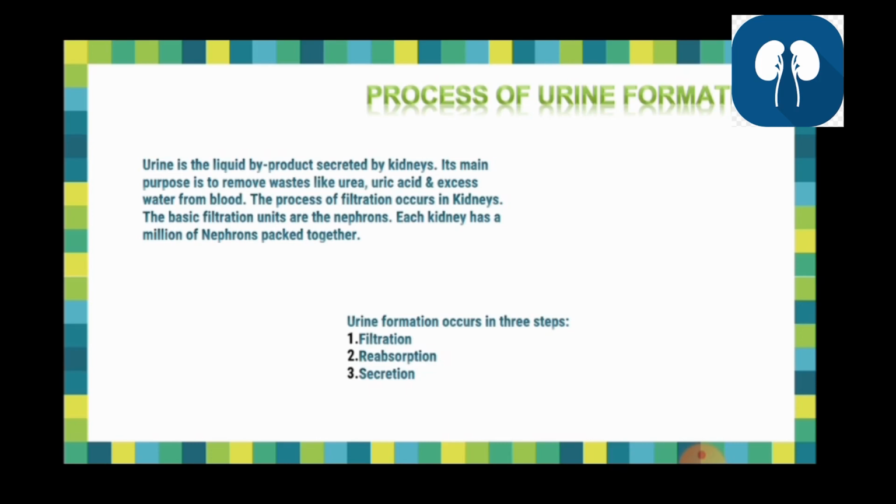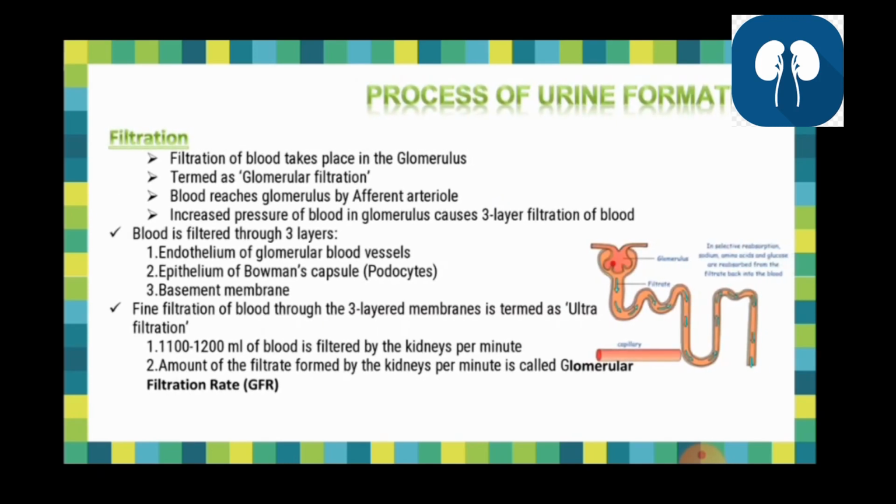The very first step in urine formation is the filtration of blood, which is carried out by the glomerulus and is called glomerular filtration. On an average, 1100 to 1200 ml of blood is filtered by the kidney per minute, which constitutes roughly one-fifth of the blood pumped out by each ventricle of the heart in a minute.